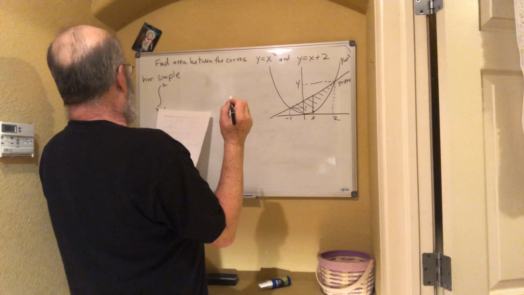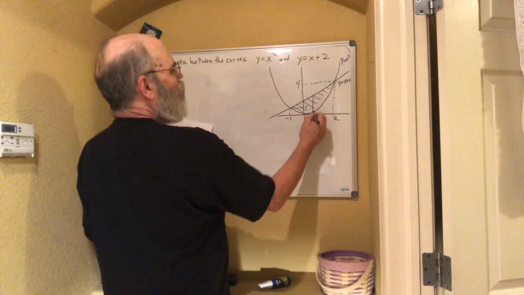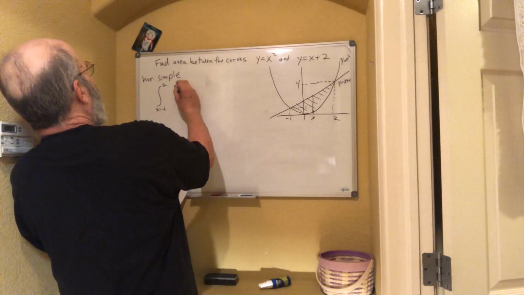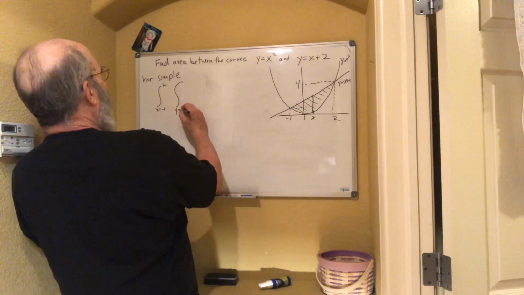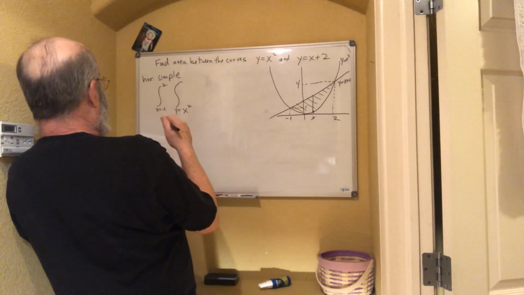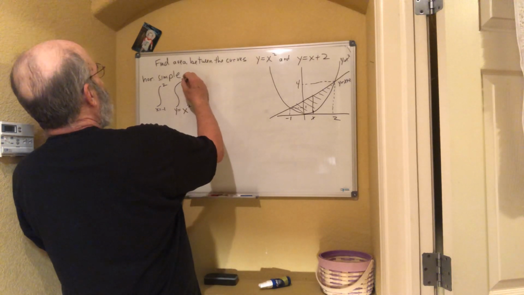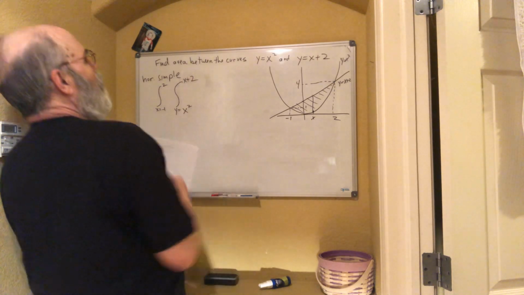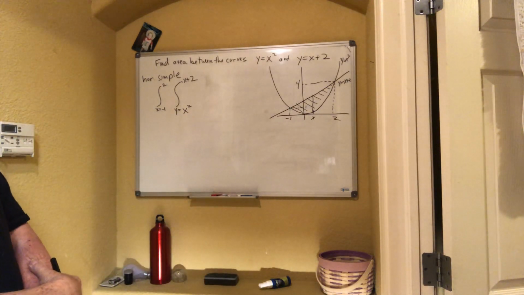So y starts out at x squared, that's the bottom curve, and it will run up to x plus 2. That's the top curve. So there's the parameterization, all right?